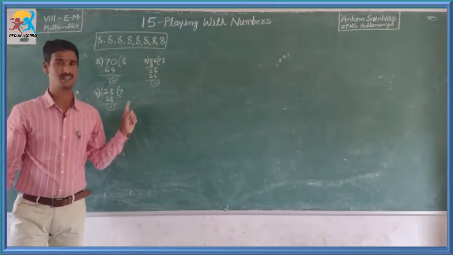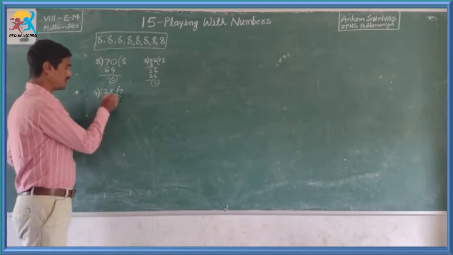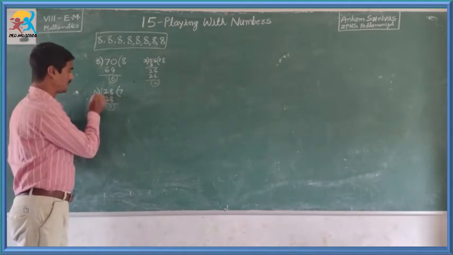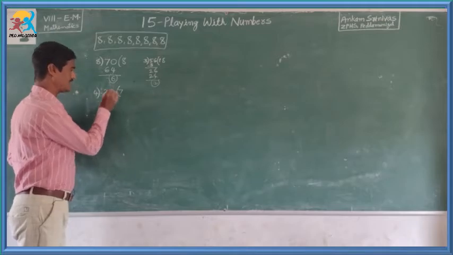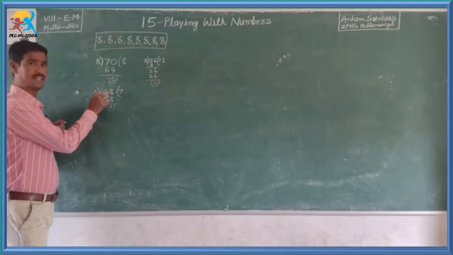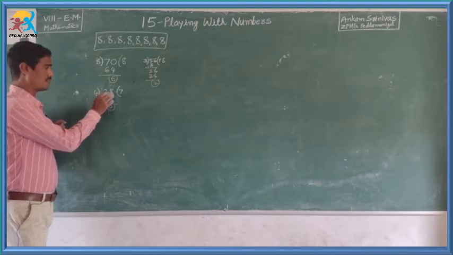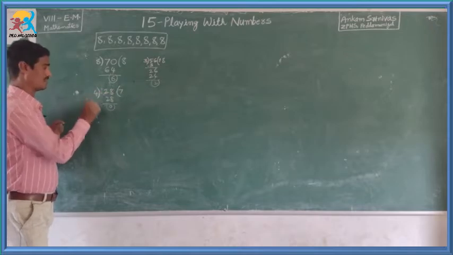We never get remainder 4, only less than 4. When 28 is divided by 4, we get the remainder 0. In this case, we can say that 4 divides 28, so 28 is exactly divided by 4.